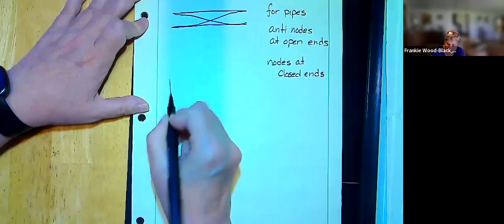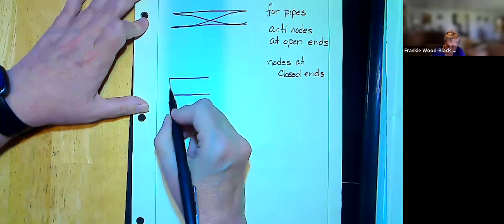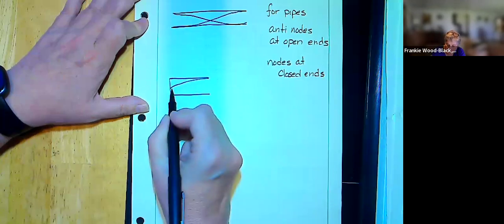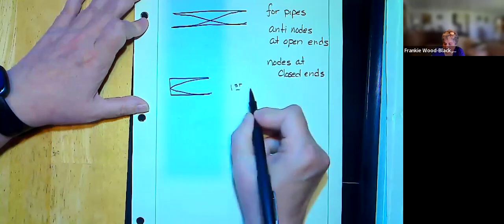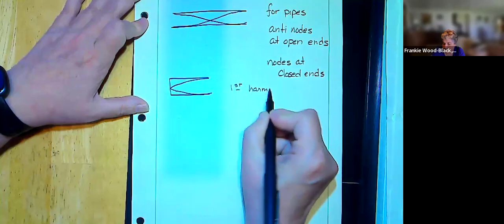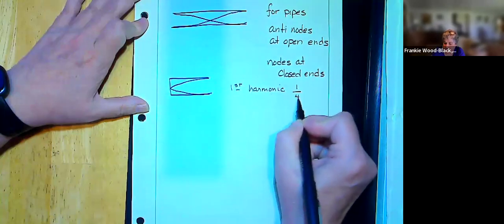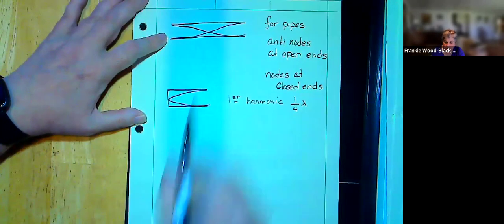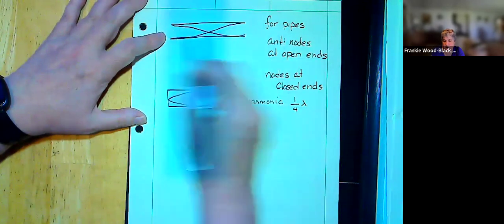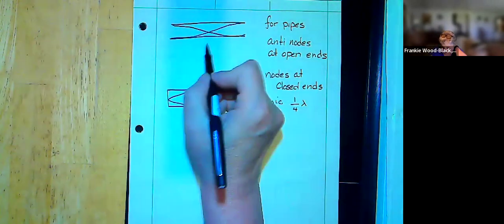So if I have a closed pipe, so if that's a closed pipe, my first harmonic is going to be 1/4 of a wavelength. This one is still, if I have both open ends, I still have only got half a wave.